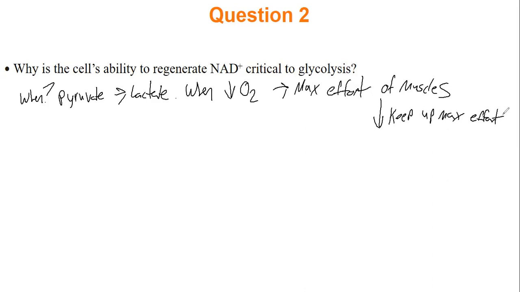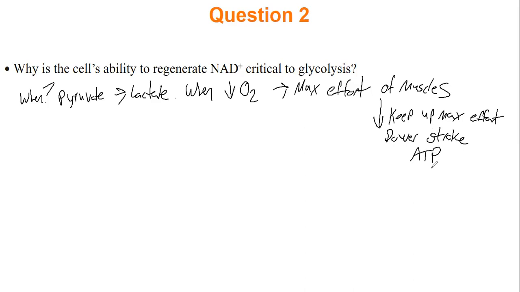And hopefully you remember from Biochem 1 how muscles move, with myosin and actin, the power stroke. Remember, what does the power stroke use? Power stroke uses ATP. So you're using ATP to move. So you need to remake ATP.